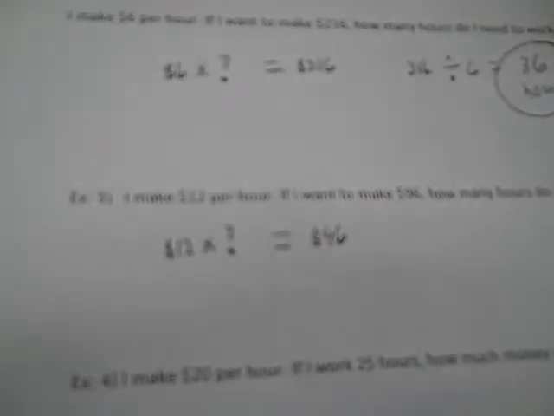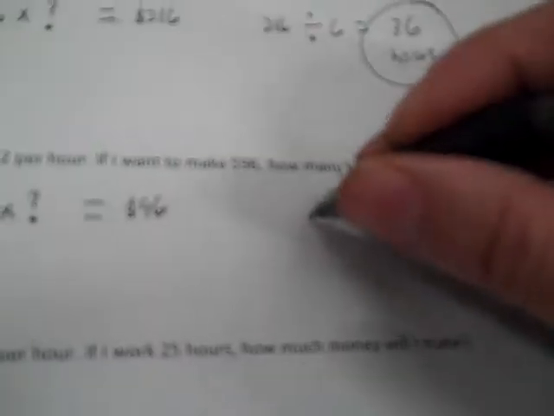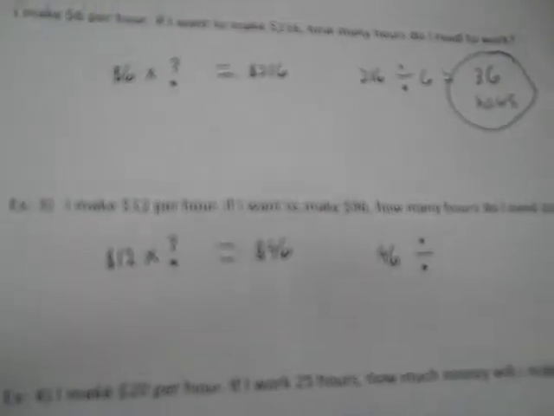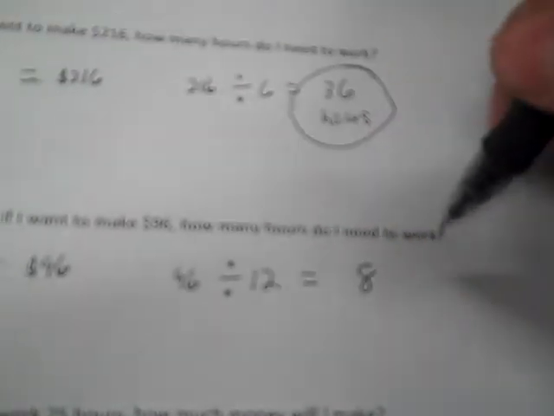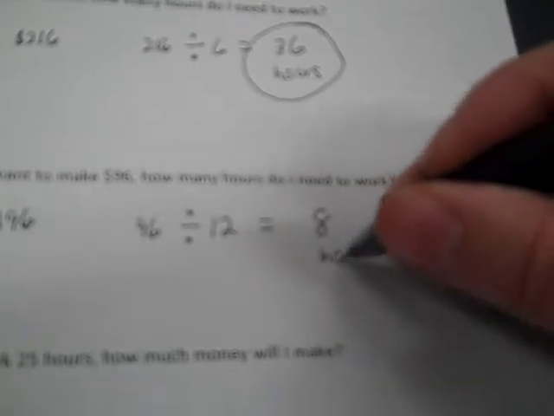So this is going to be a division, because I can't multiply with that question mark. And when I divide it, it has to be the $96 that I end up with divided by what I was making per hour, so 12. Okay. So 96 divided by 12 is 8. Okay. It says how many hours do I need to work, so it's 8 hours.